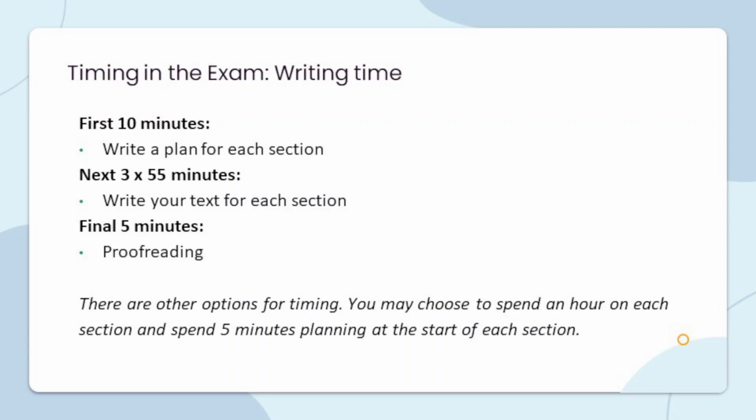So write a plan for each section in the first 10 minutes, and then in the next 3 sets of 55 minutes, write your text for each section. So write your essay for section A, write your essay for section C, write your text for section B. Although I just said that in the wrong order.